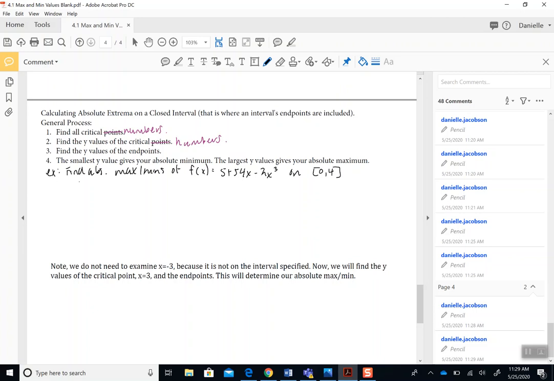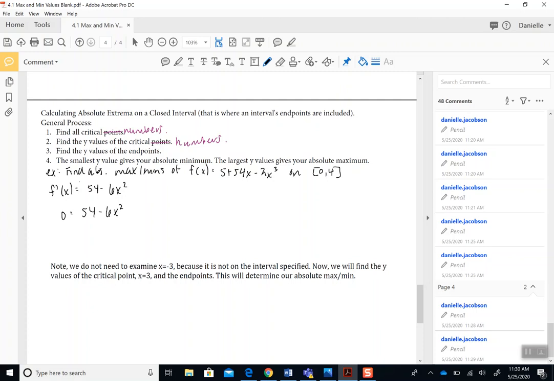This is going to be pretty much the same as what I did in the first two examples. So finding critical numbers, I need to find that derivative first. Doing so, we'd have f prime of x equals 54 minus 6x squared. I know that this isn't going to be undefined anywhere because it's a polynomial, so it's continuous, so I just need to focus on when this is equal to 0.